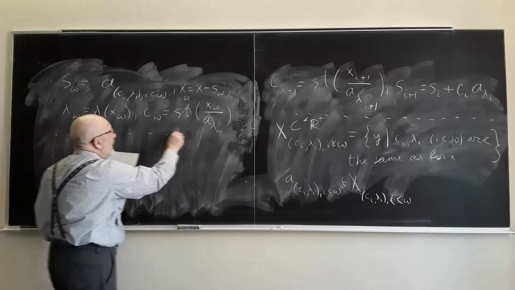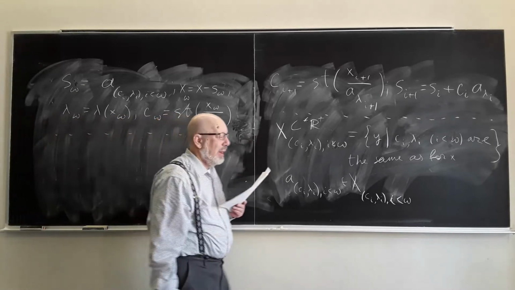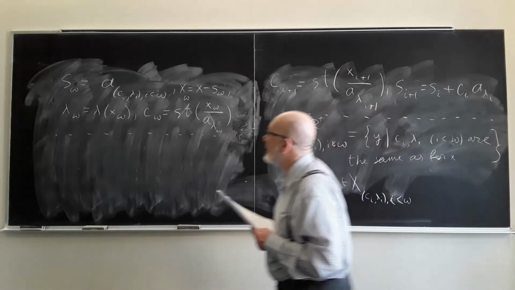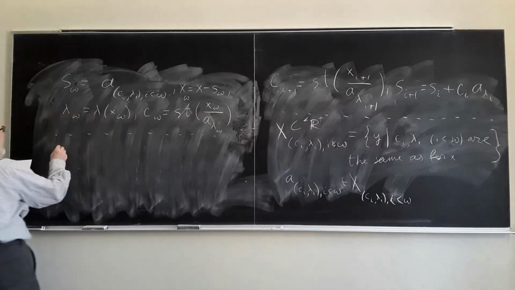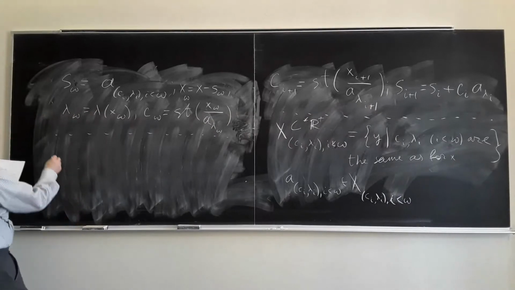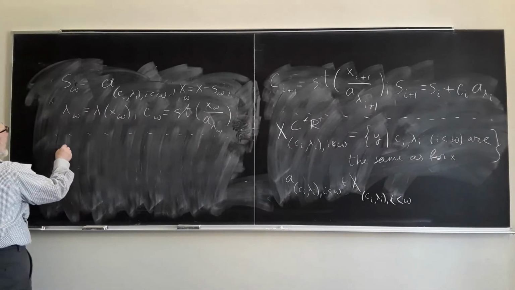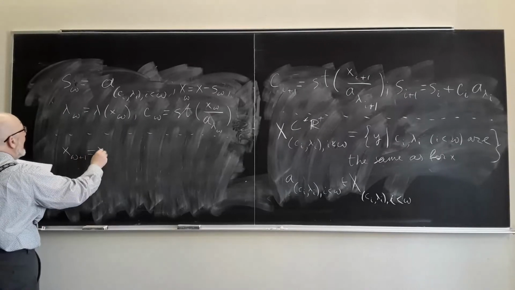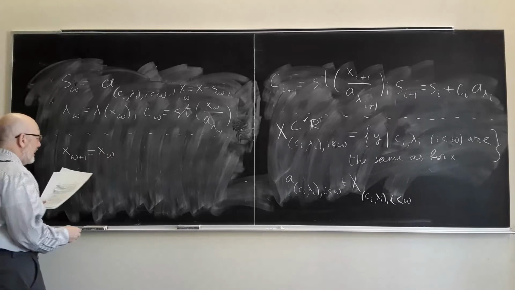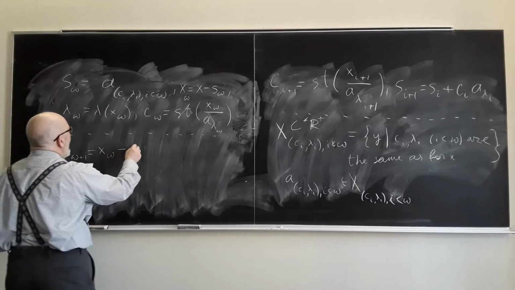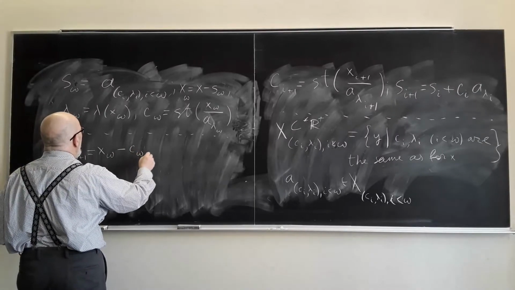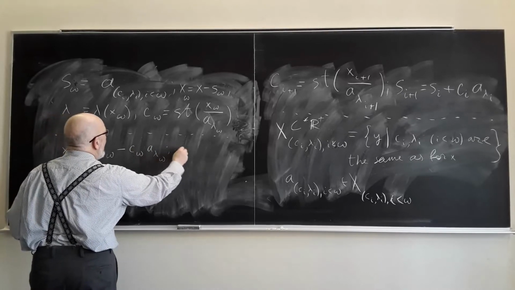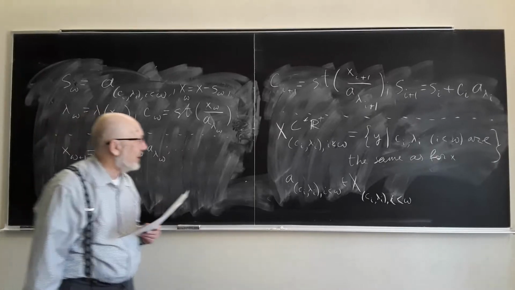So this way we define the object at the step omega. Now we write the same. x omega plus 1 equals x omega minus c omega A lambda omega, and so on. Like this.